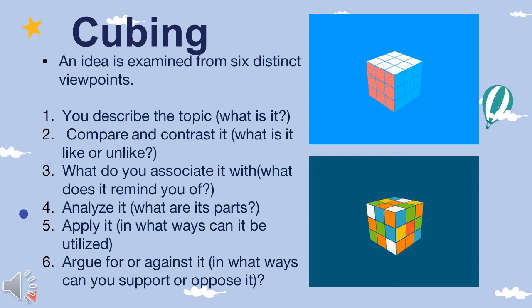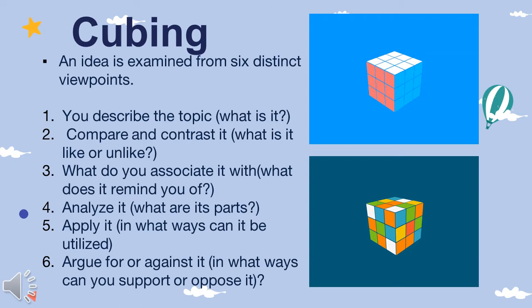The first thing is that you need to describe what your topic is. Second, you need to compare and contrast, determine what it is like or unlike. Third is think of the other things, how you are going to associate that particular topic with another topic.